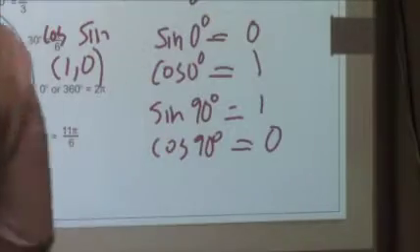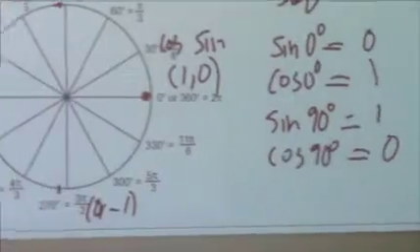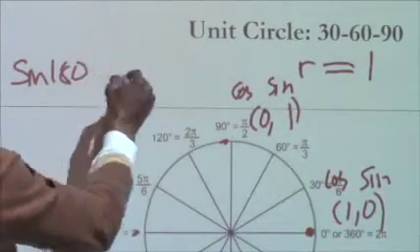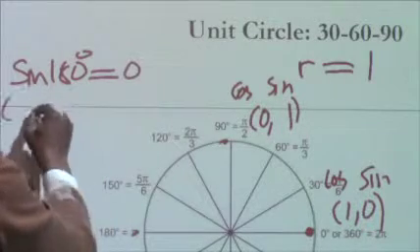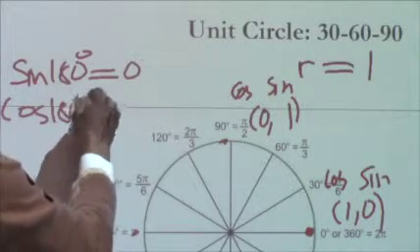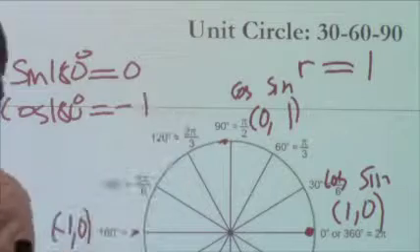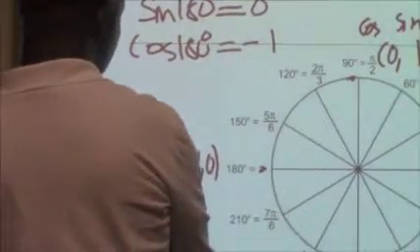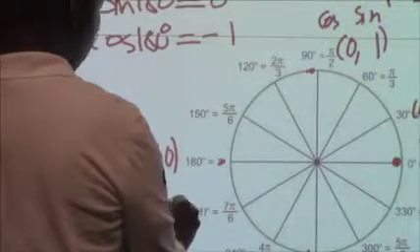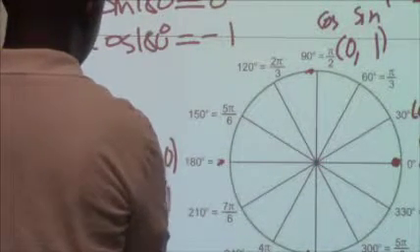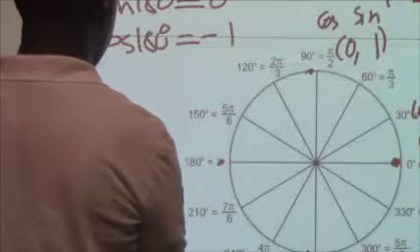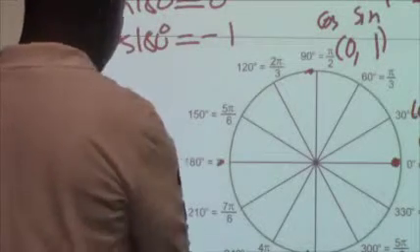The sine of 180 degrees will equal 0. The cosine of 180 degrees will equal -1. The sine of 270 will be equal to -1. Cosine of 270 will be equal to 0.